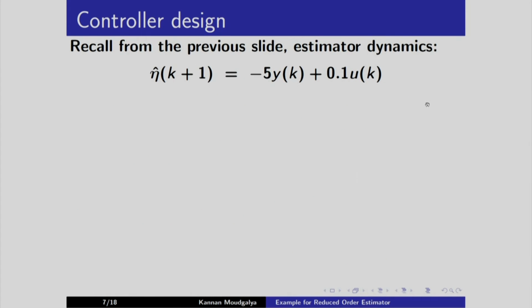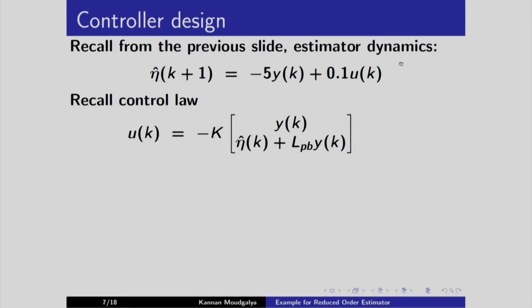So let us rewrite this expression from the previous slide. Recall the control law that we derived in the previous video. Here is the control law we got a few slides ago. Now notice I have y from here and also from here.